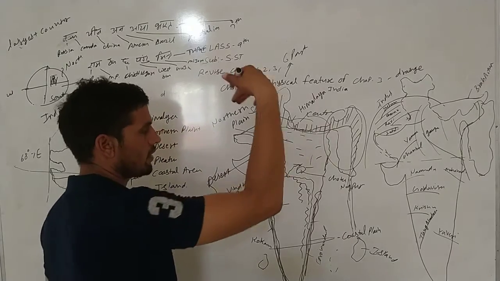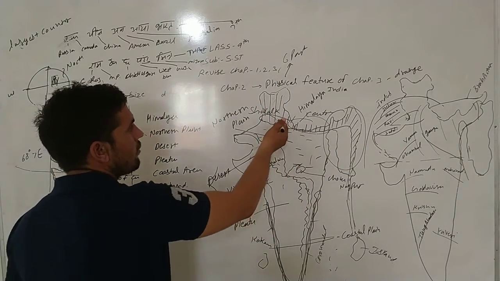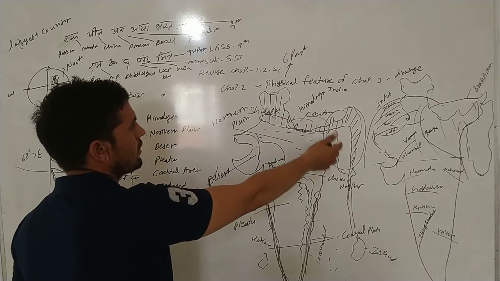These are given in the next classes. So basically Shivalik central part and the western part.